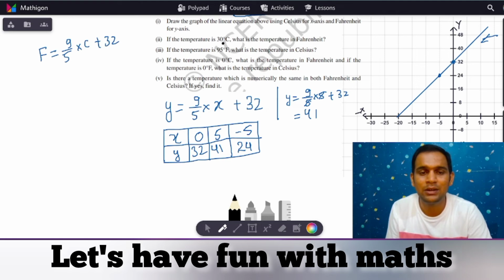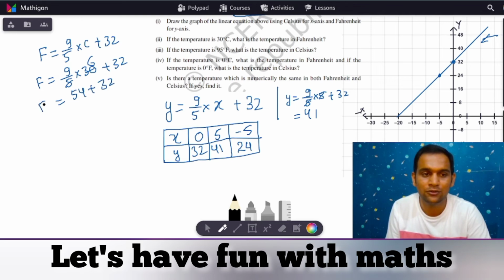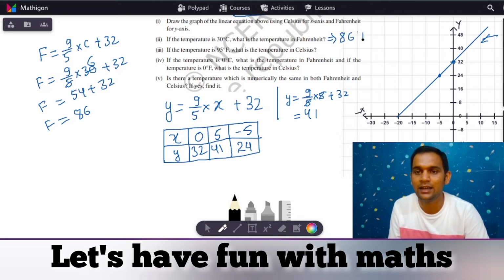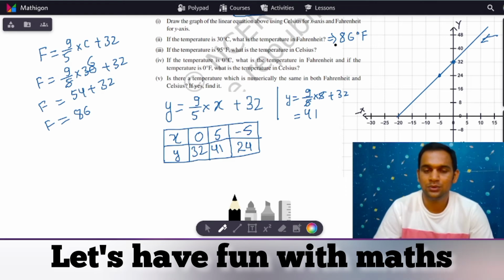It says the temperature is 30 degrees Celsius, so instead of C, we substitute 30. F equals 9 by 5 times 30 plus 32. So 5 times 6, so 9 times 6 is 54, plus 32. So Fahrenheit becomes 4 plus 2 is 6, 5 plus 3 is 8, so that will give us 86 degrees Fahrenheit. Yes, so that is the conversion.